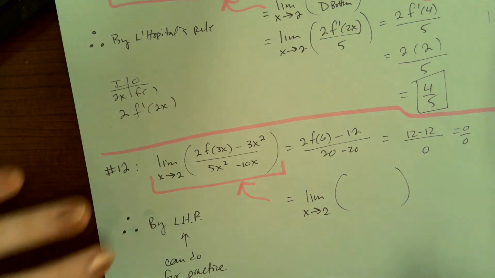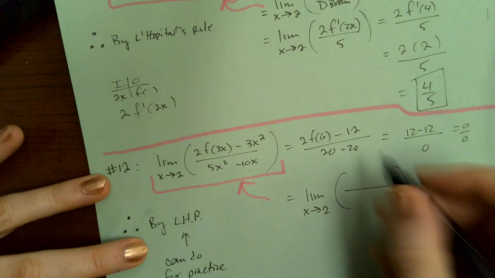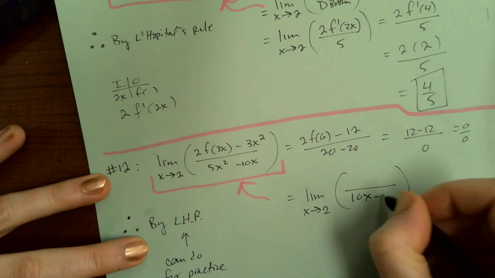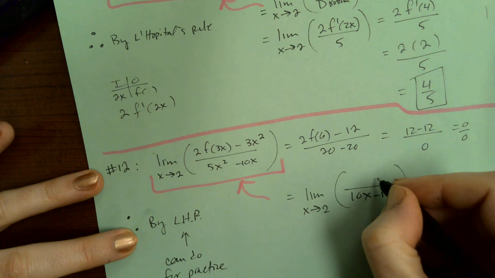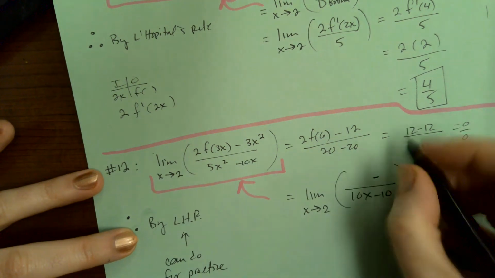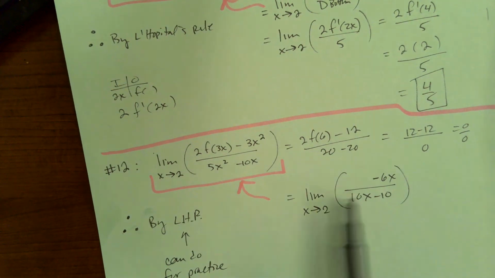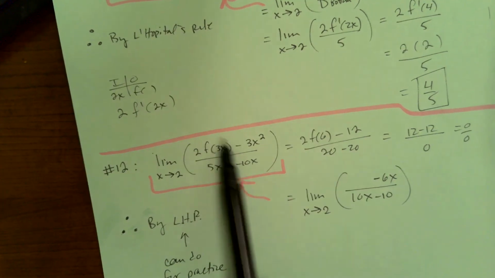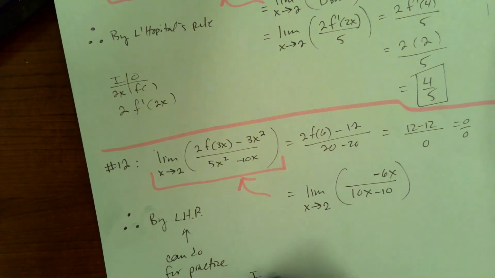The derivative of the bottom is pretty easy. That would be 10x minus 10. The derivative of the top, after the minus, is going to be 6x. But I need the derivative of this term, which I'm going to need the chain rule for.